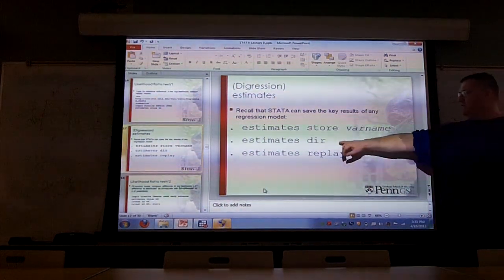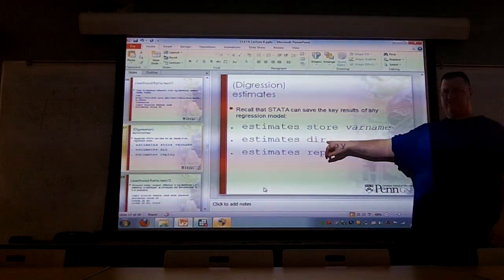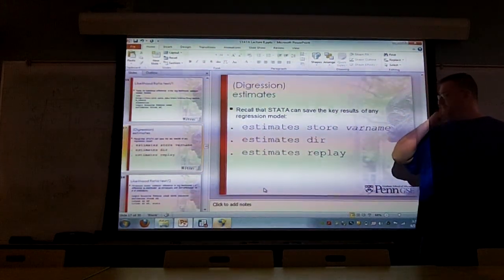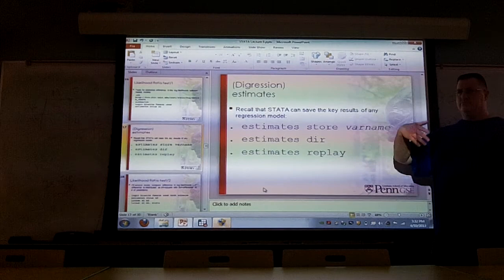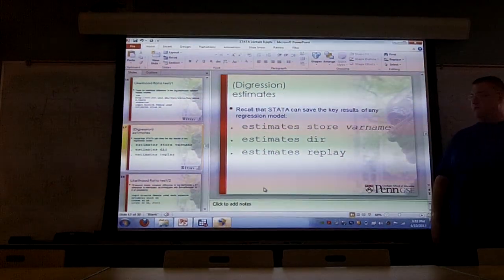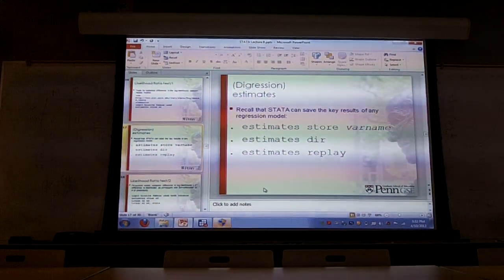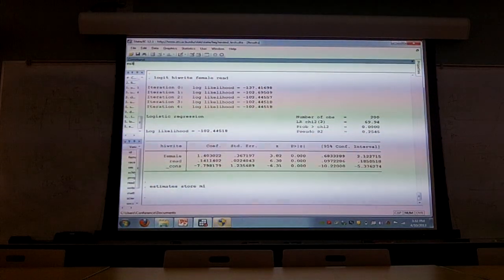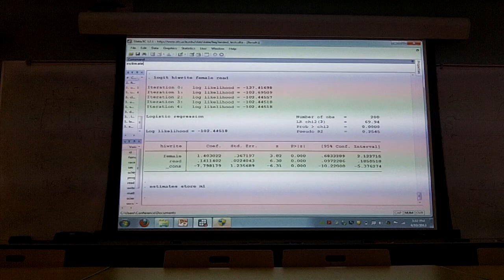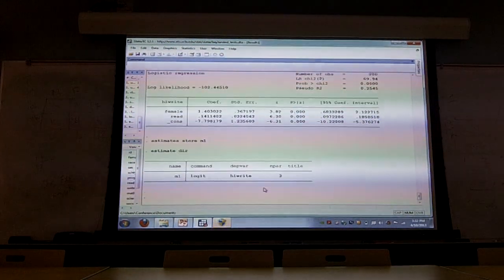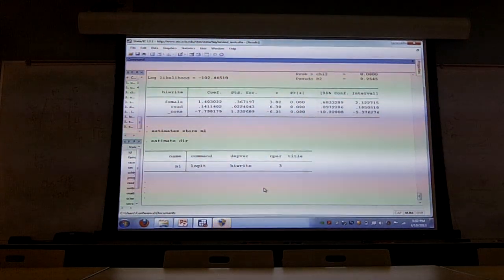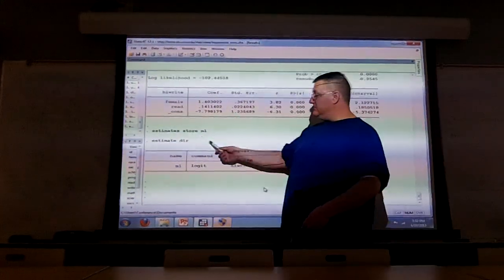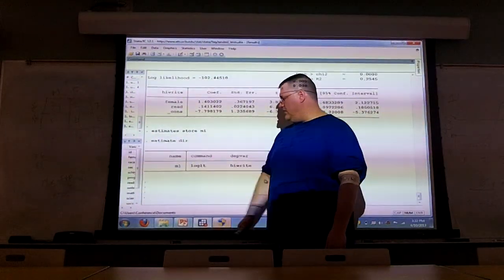And the other thing I can do is ask what estimates I have stored in memory. That's what estimates dir does. Estimates replay shows back what we have. So let's do that to see how these things work. I type in estimates dir, and it tells me I have a set of estimates that I'm calling M1.